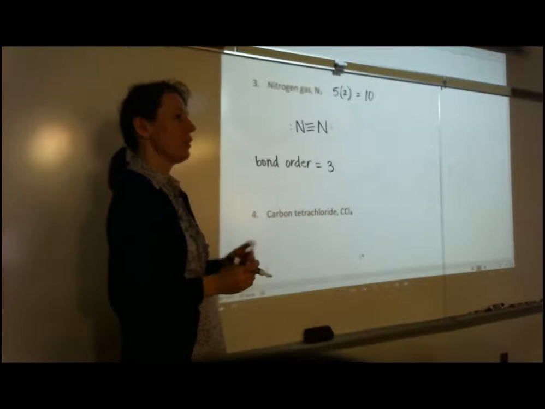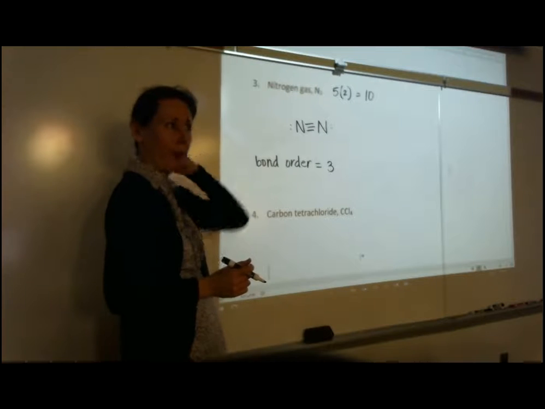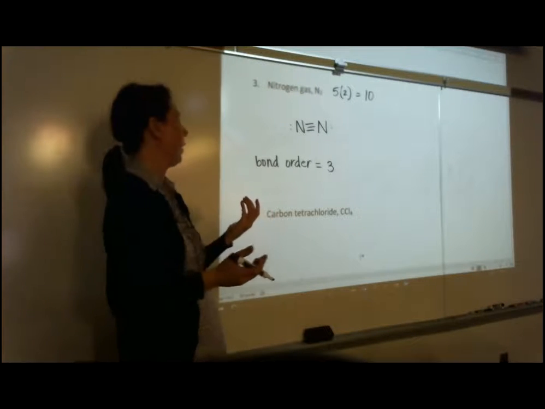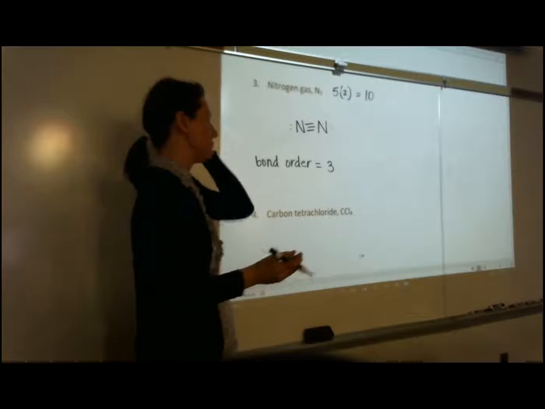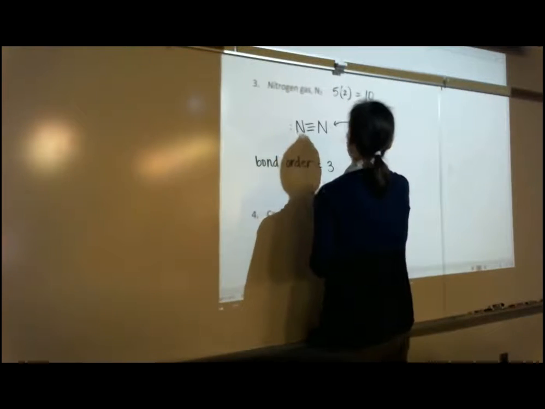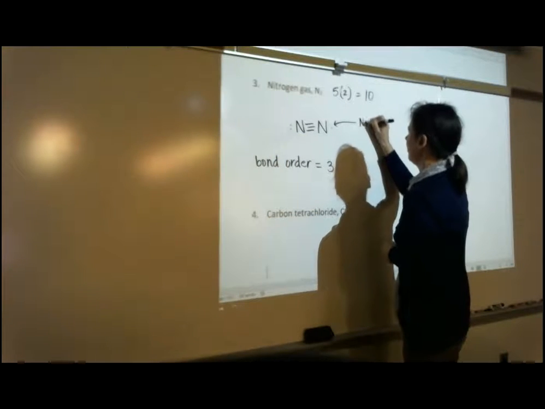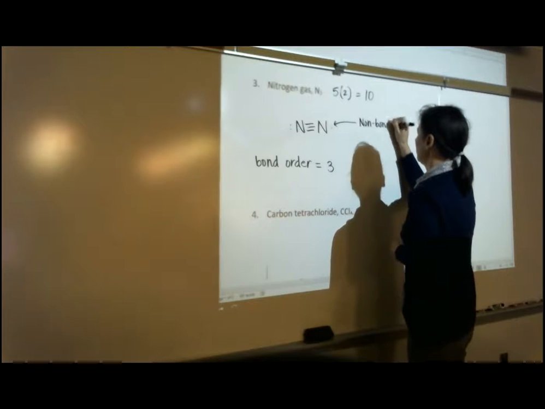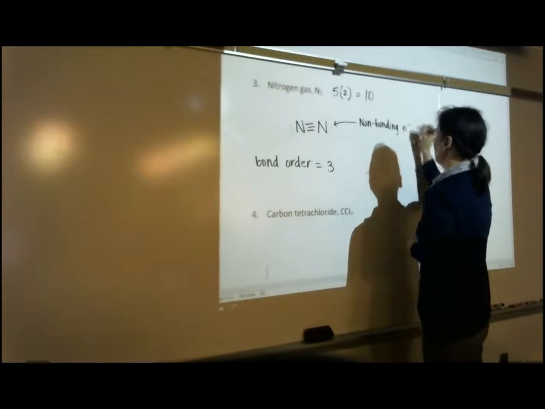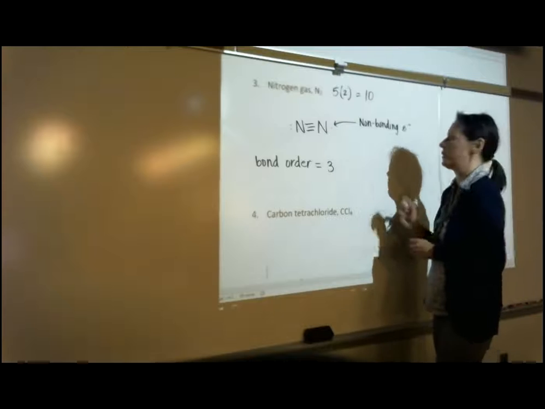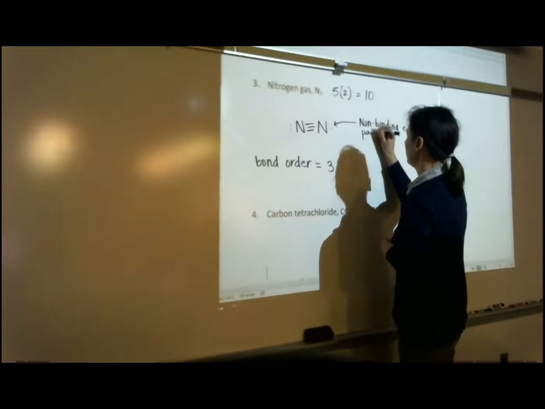Okay? Also, you might see questions on the homework about number of unpaired or number of non-bonding electrons. These electrons right here are non-bonding electrons. Sometimes they're also known as paired electrons.